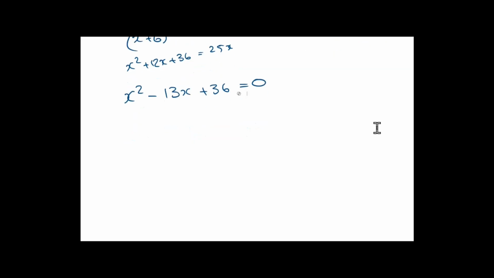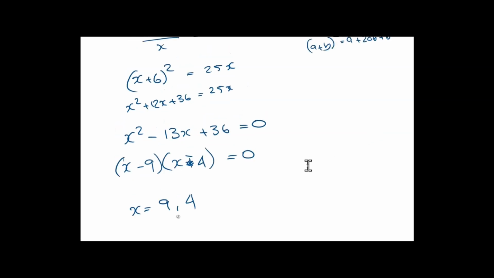Let's factorize it, because it's pretty obvious what the answer is going to be. So 36 is going to be 9 and 4, and that works there. So this is going to be (x - 9)(x - 4) equals 0, which means x must be 9, 4, or both.